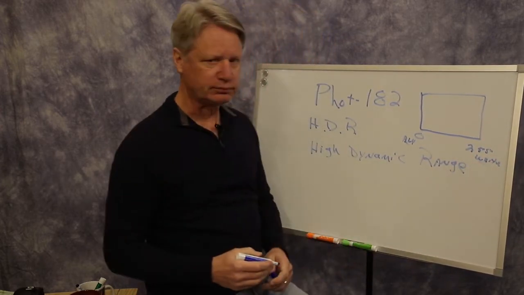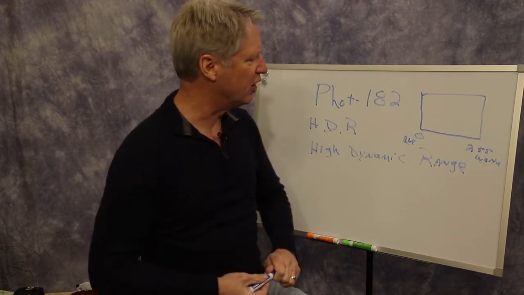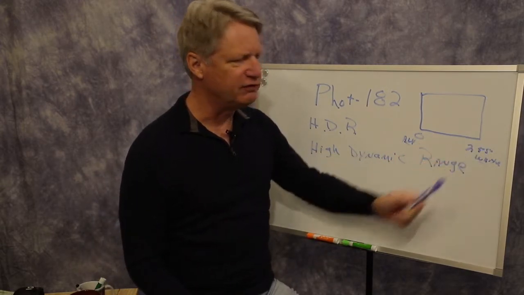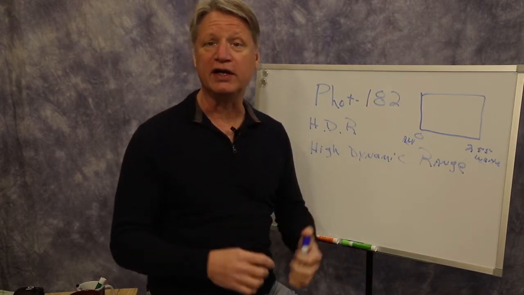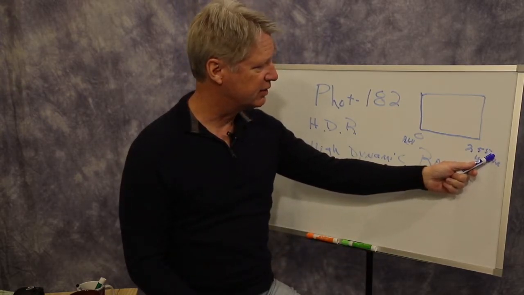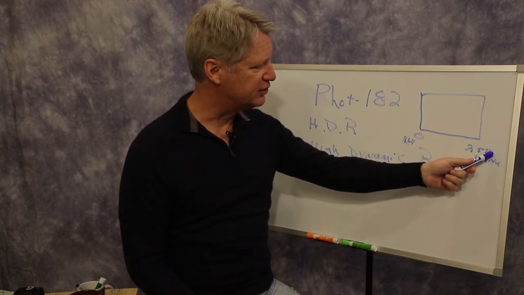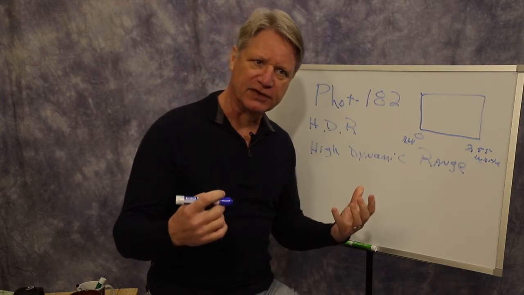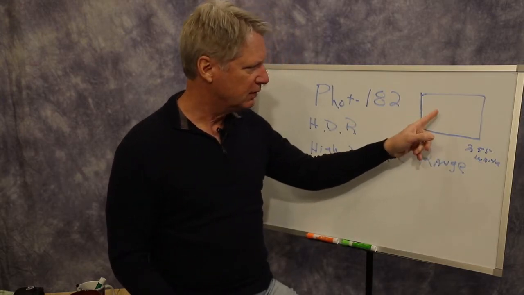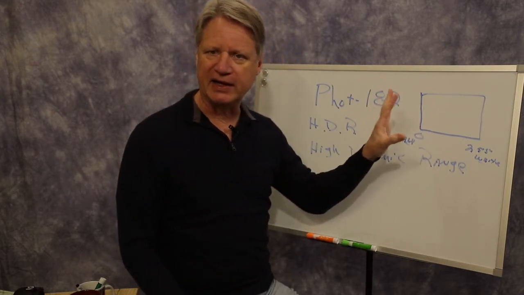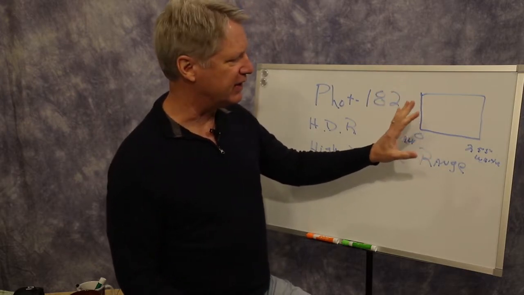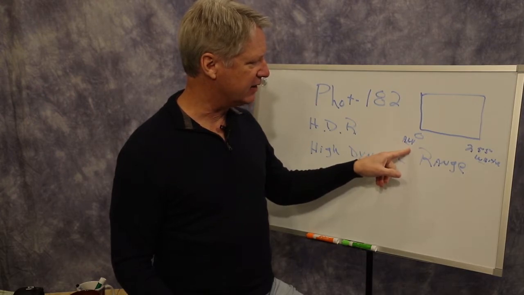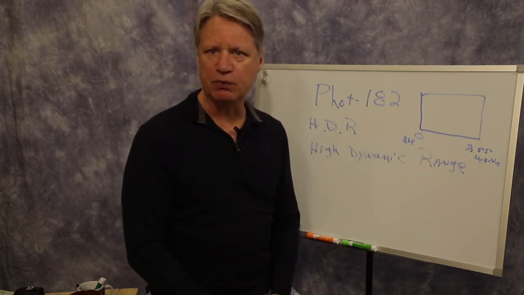Now, the trick question I always ask students is, if 0 is black and 255 is white, what is 256? What is 256? If you think about it for a second, we have a digital box that digital photography operates in, where it's defined: 0 is black and 255 is white.